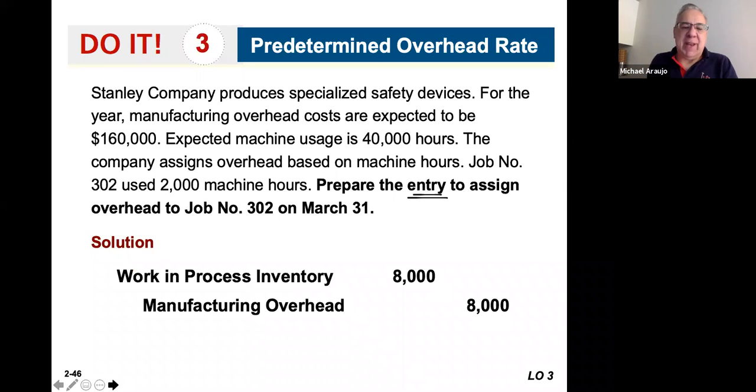So because we calculated $8,000 in manufacturing costs, we're going to debit our work in process inventory by $8,000 to show we've moved it to work in process inventory. Now we're going to lower our manufacturing overhead with a credit to that account, showing we have less.